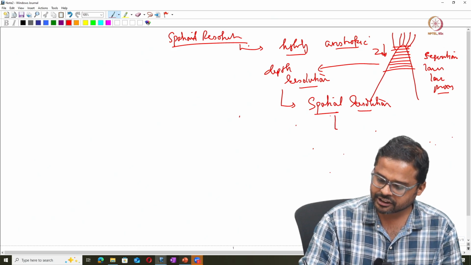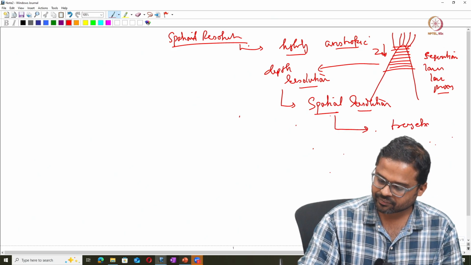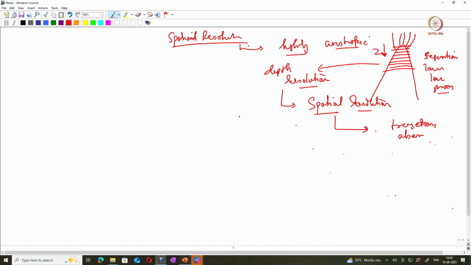Because the spatial resolution is affected by trajectory aberrations that we discussed in the last class, then local magnification effects due to the curvature. So spatial resolution is mostly affected by this, and the depth resolution is much higher. Now we will discuss the depth resolution.